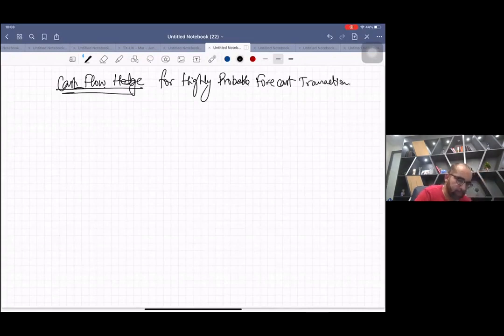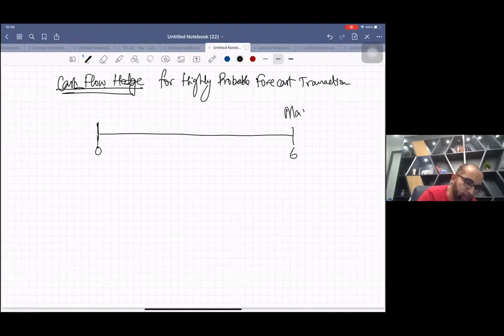First, let me revise. We are here right now. This is month 0, and we plan to buy a machine after 6 months. And this is highly probable that we'll buy this machine. Listen very carefully. This is the last thing I'm teaching you. We have planned that we are going to buy this machine after 6 months.